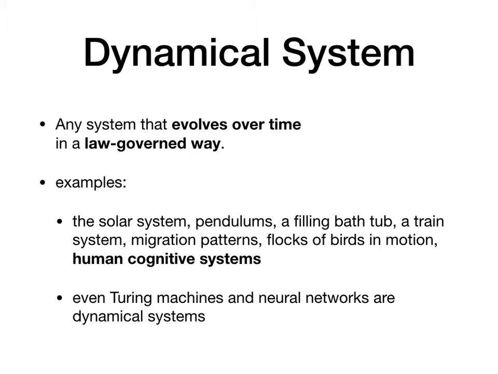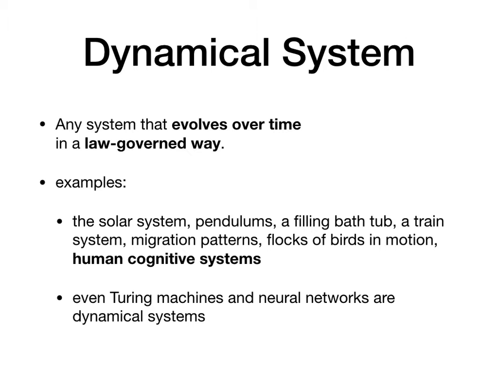Examples of these. The solar system. Think about the solar system, right? We know that there are 8 to 9 planets, depending on when you went to elementary school. There's a number of planets. There's an asteroid belt, all these kinds of things, right? And they're moving around the sun. And they're moving in time, in predictable ways, right?